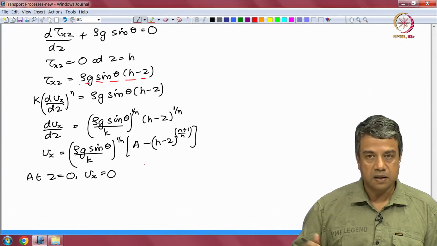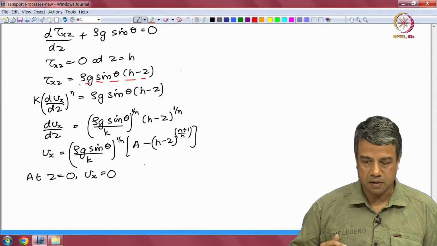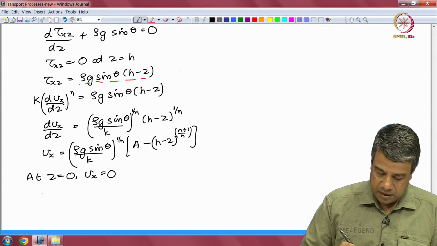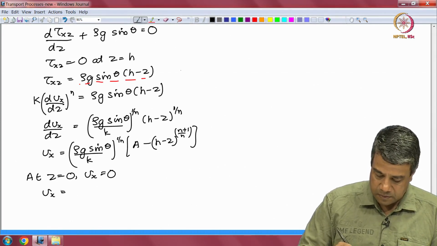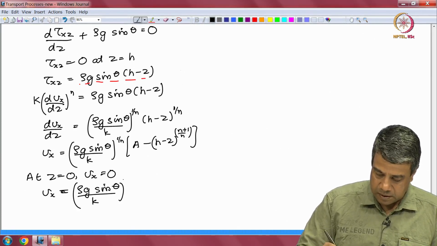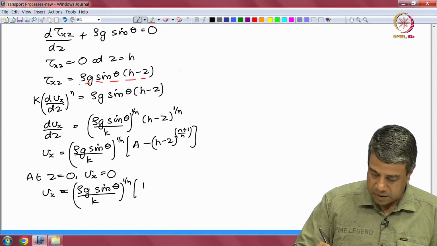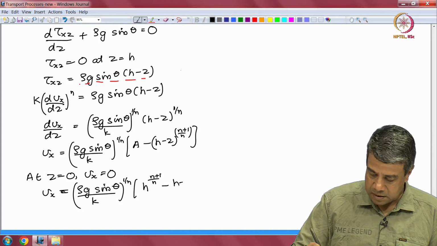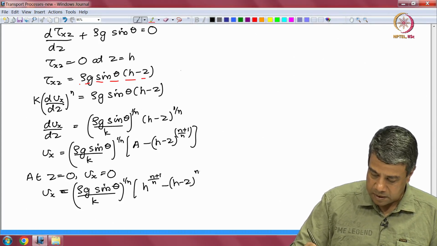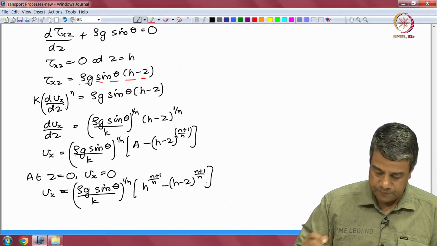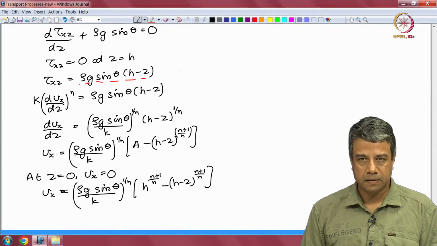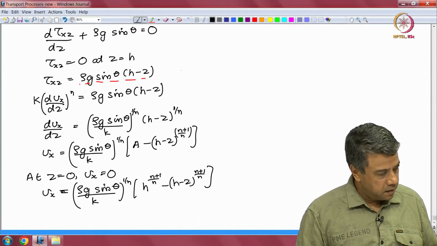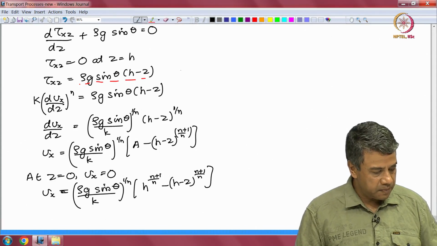Using the boundary condition, no slip at the bottom, z is equal to 0, Vx becomes equal to (rho g sin theta by k) whole power 1 by n into [h power (n plus 1) by n minus (h minus z) power (n plus 1) by n]. So, this is the velocity profile for a power law fluid.